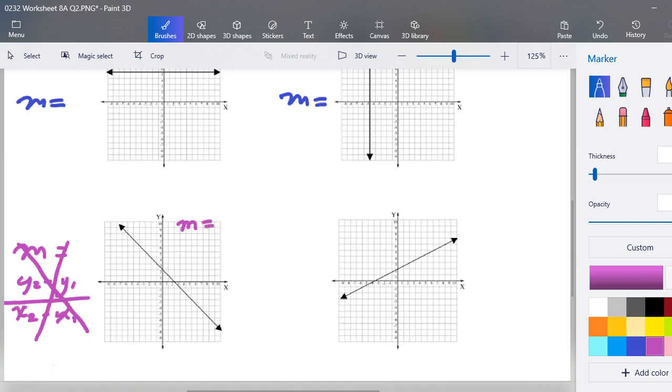So I'm going to find two dots that I can definitely see where they are. And then I'm going to follow the rising and the running that was mentioned earlier. From this first dot, I'm going to go down 2 dots. In other words, I'm going down 2 spaces. So my vertical change is down 2. That's negative.